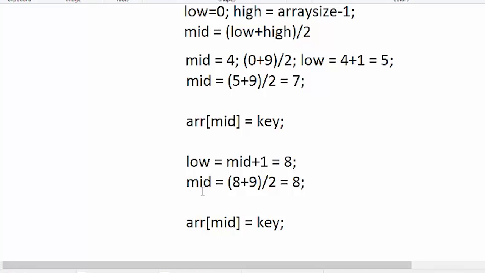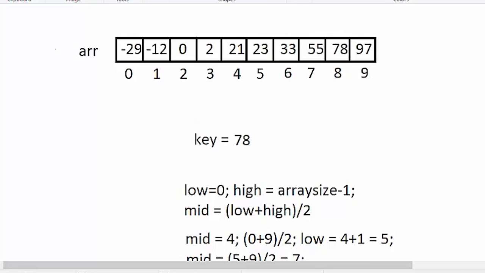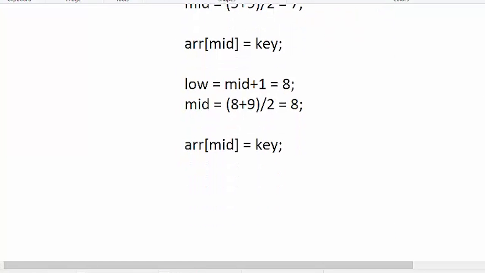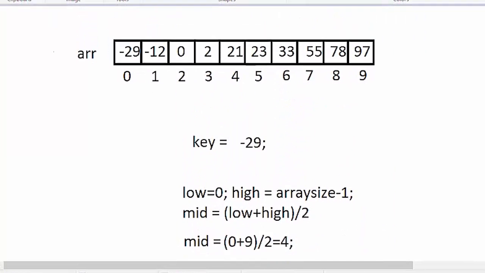Now again we calculate mid: high is equal to 9, we didn't change high. 8 plus 9 by 2, which is 8. Now we see that our key 78 is equal to the mid element, and since we got this, we return the mid element.